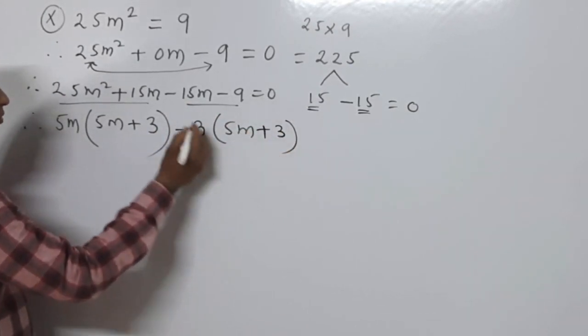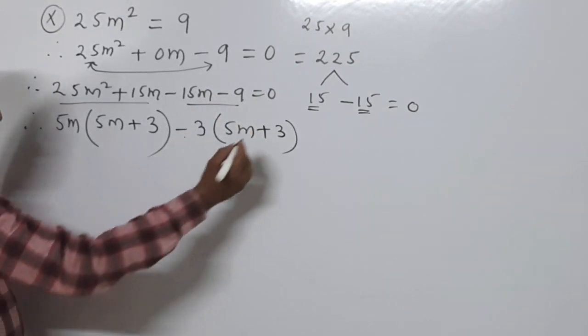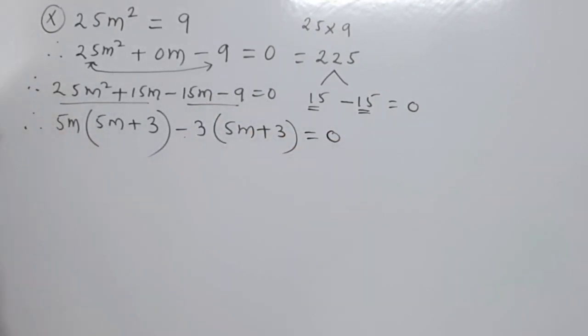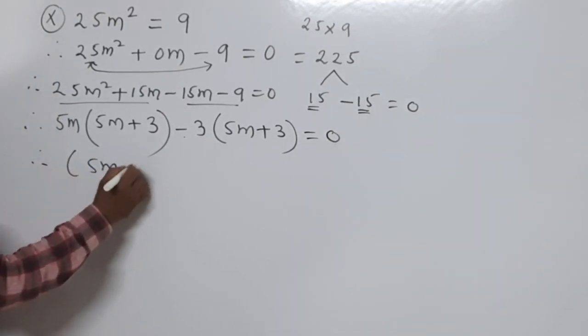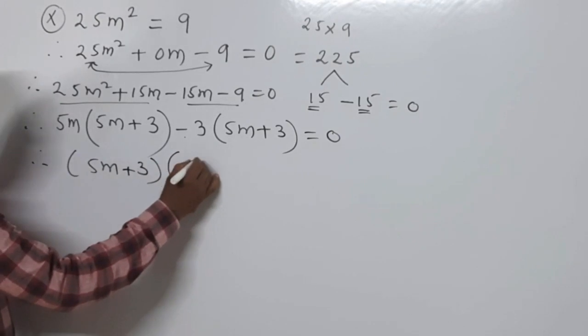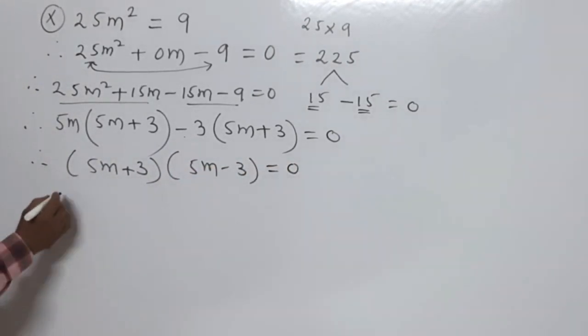So, plus 3 minus 3 came out. So, minus into plus is minus 9 is equal to 0. So, the first bracket 5m plus 3 and second bracket 5m minus 3 is equal to 0.